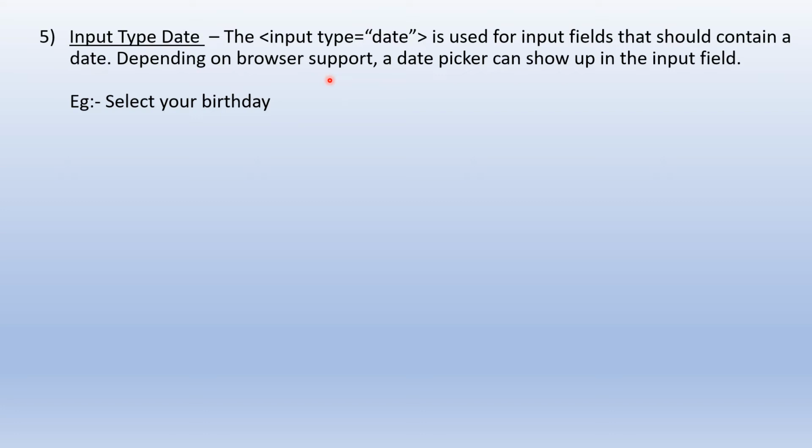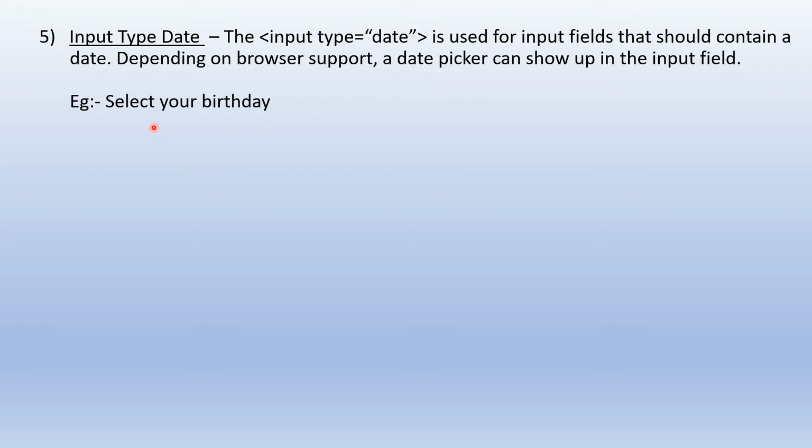Depending on browser support, a date picker can show up in the input field. This says that if you're using earlier versions of browser, then it might be possible that you will not be able to see a date picker. But if you're using recent versions of browser, then a date picker will be available.